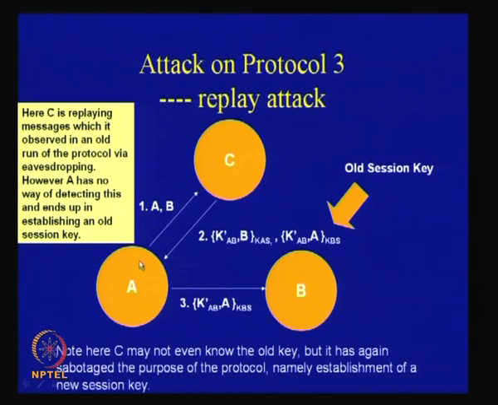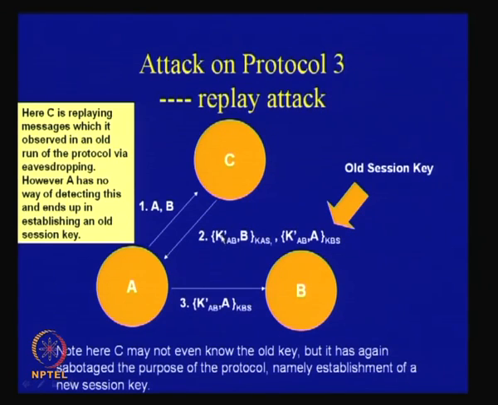So, A sends this message A comma B, thinking that it is actually communicating with S, the trusted server, but instead C receives the message, and instead of allowing that message to go to S and come back, it replays an old observed message.